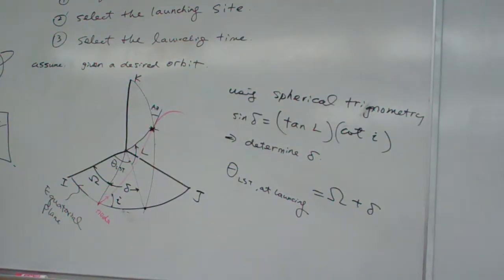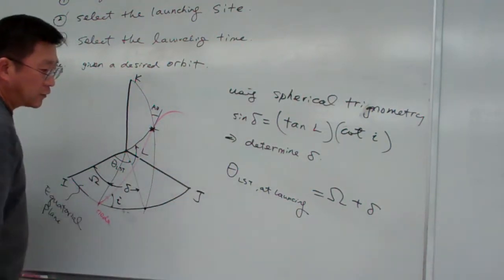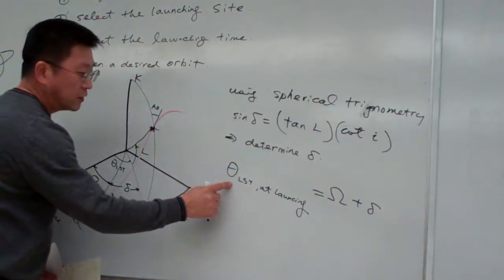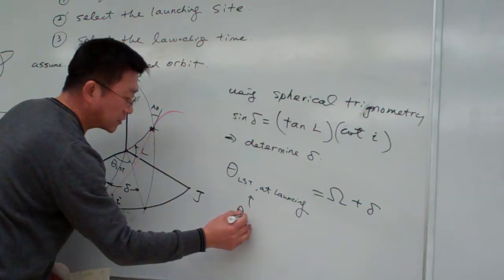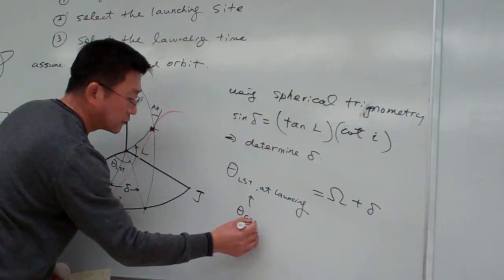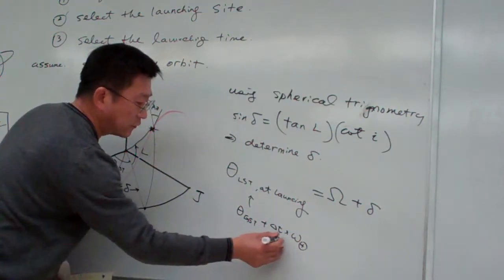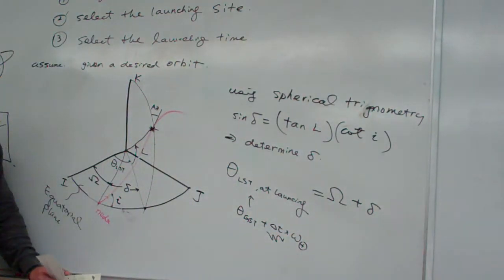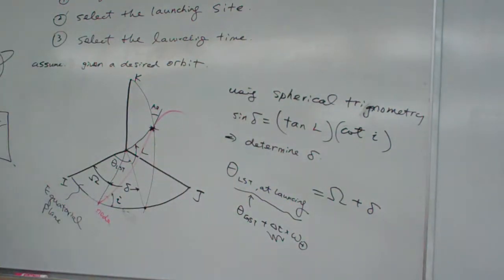In this way we can determine the launching. This information involved is basically theta GST plus delta T times omega of the Earth. From here you can determine exactly what time you have to launch the satellite, simply from this formula.